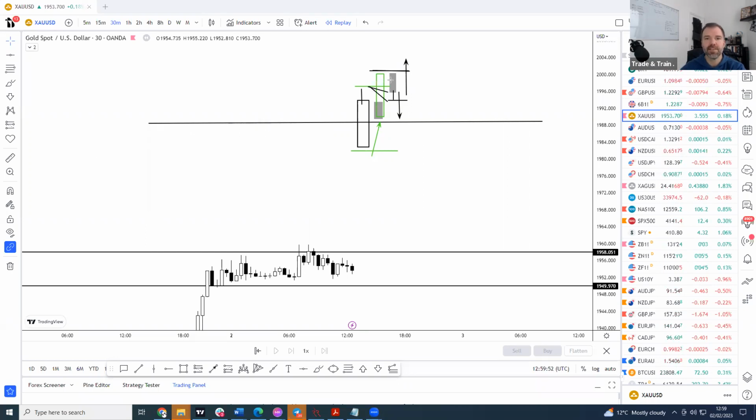Price action is still going up, but sellers have warned me with that candle that potentially they're going to come in. Does that make sense? So I'm just watching price action to tell me when and how I'm going to close trades.